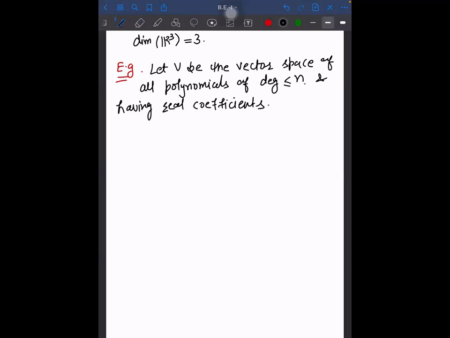Yes. Yes, sir. Yes, बताओ. Sir, I'll prove that B, which is the set 1, x, x square, x cube, and so on up to x^n, is the basis of V.